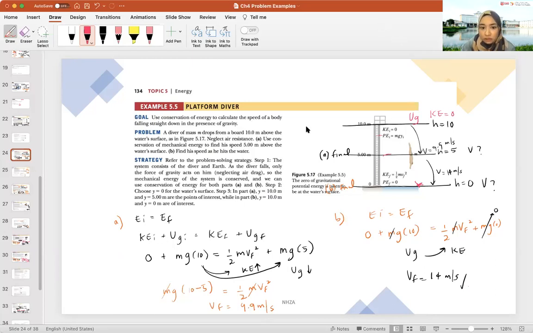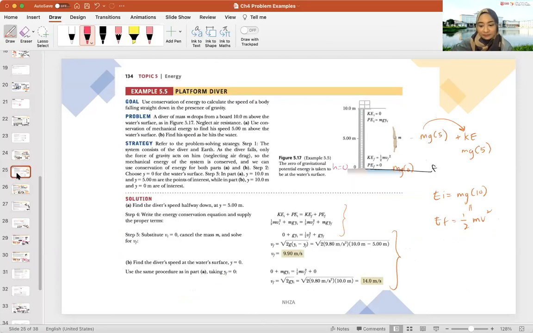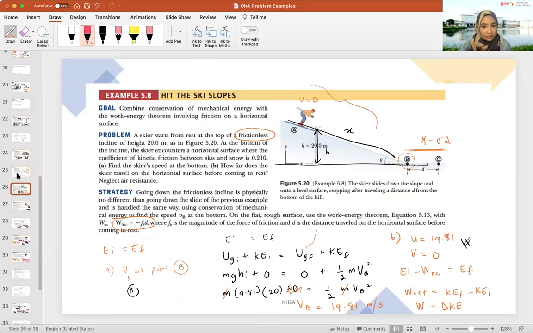I have a question here. Nida, kenapa ni gaduh dekat chat? Fokus. Okay. So moving on. Okay, this one. Kita tak buat lagi yang ni, kan?